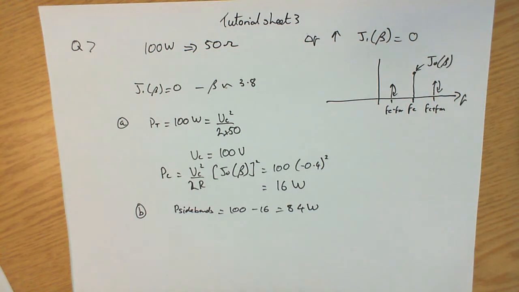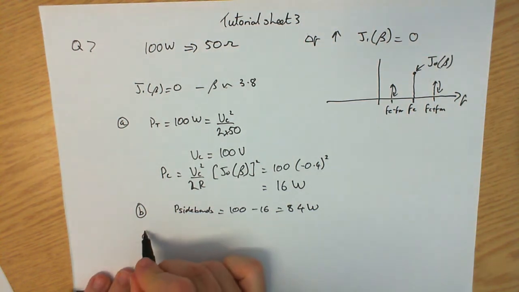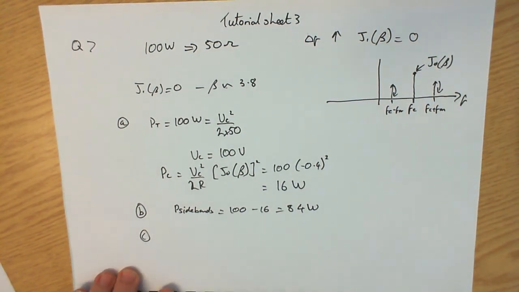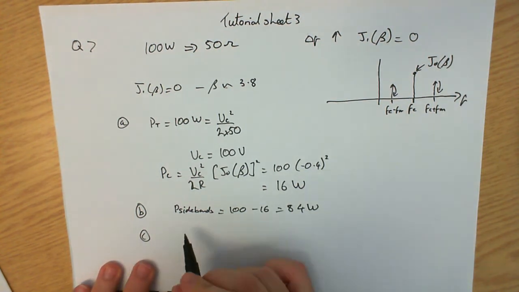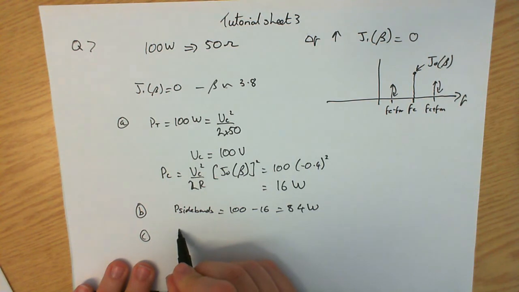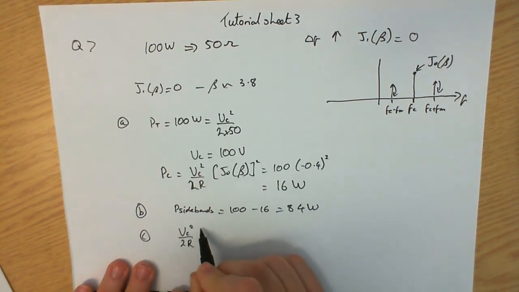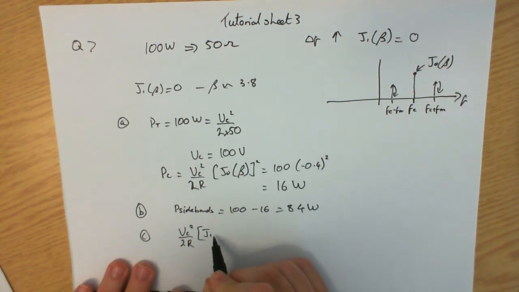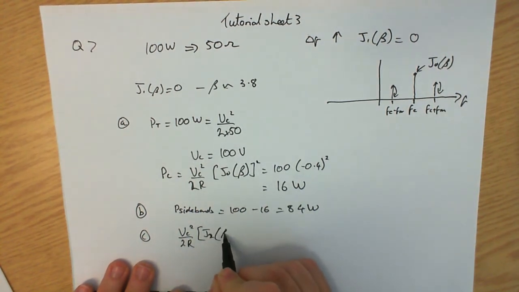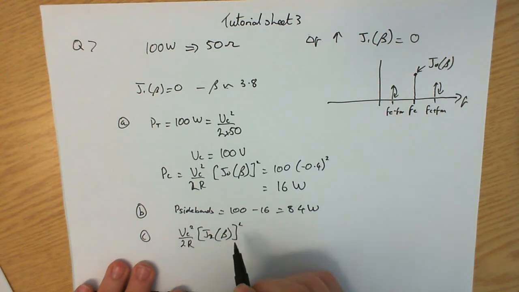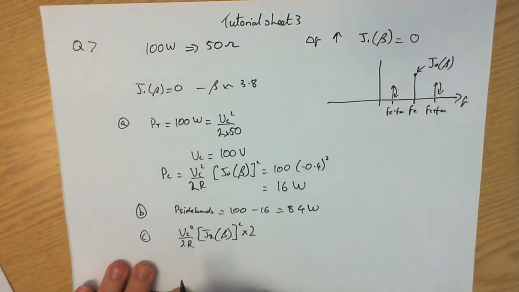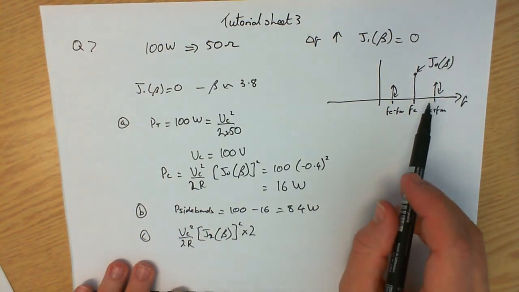Then we need to work out the average power in the second order sidebands. That's both sidebands. So we have Vc squared over 2R times J2 of beta squared, and then we multiply that by 2 because we've got 2 sidebands.